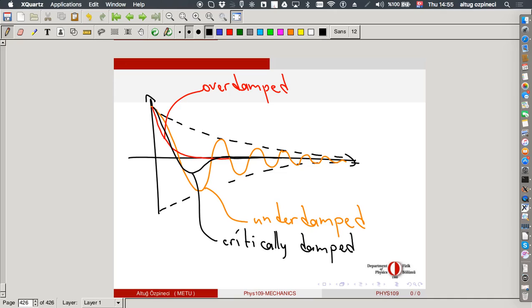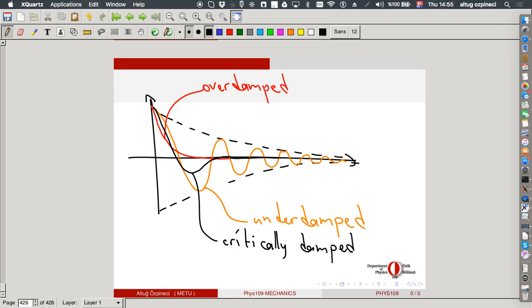So one is the under-damped case, the other one is the over-damped case. What you would like to feel is when the wheels go up, you might go up a bit, just a very slight amount. When the wheel goes down, you should go down and stay there. That's what you would like to have. Of course, you would like to extend this period of time so that you will not feel a significant force.